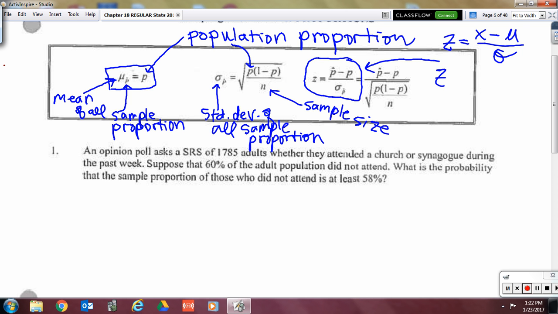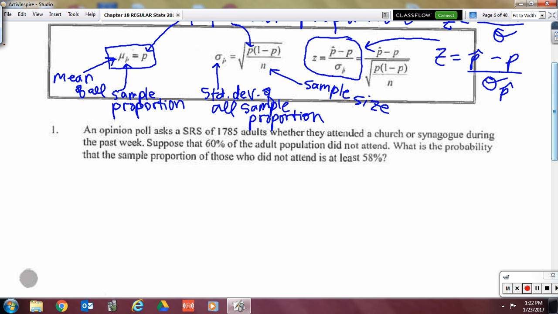We have a sampling distribution. So instead of being x minus the mean over the standard deviation, it's p hat minus the p over the standard deviation of p hats. Now we would just say the same thing, p hat minus the p over the standard deviation of p hats. Okay, not as fun. That's right. Okay.